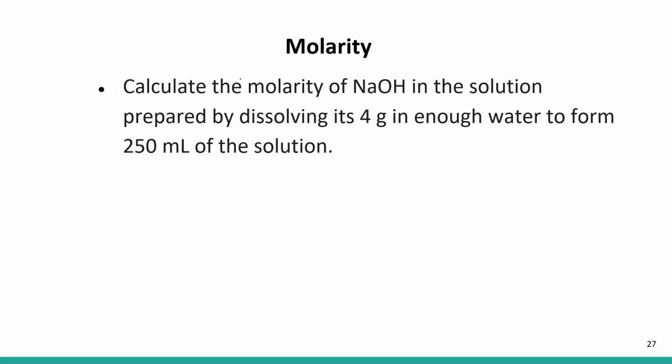Now let us take an example. Suppose you have to calculate the molarity of this solution, and the data given here is that the mass of NaOH is 4 gram. Means 4 gram of NaOH is dissolved, and the volume of solution in total is 250 ml.